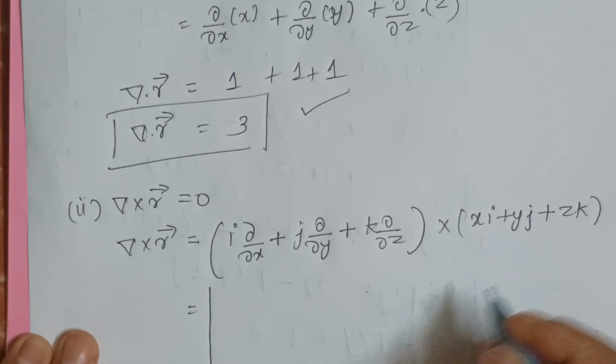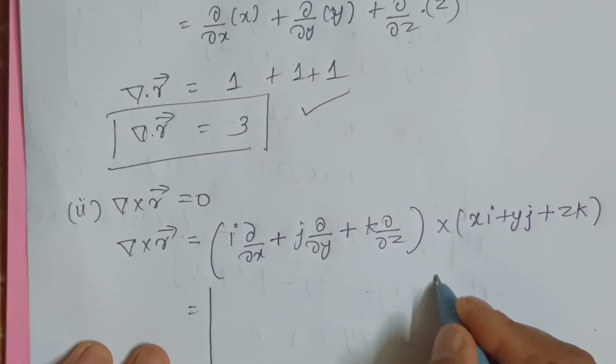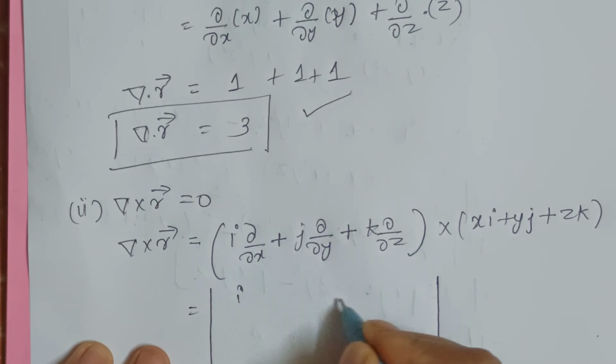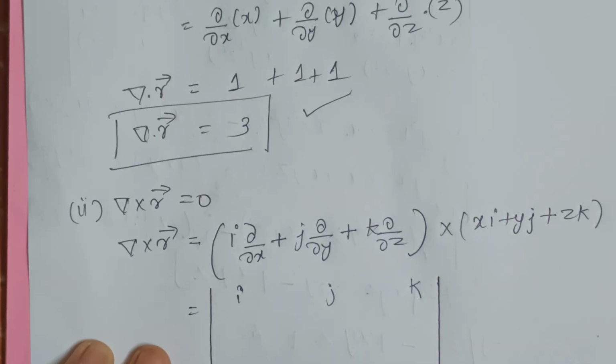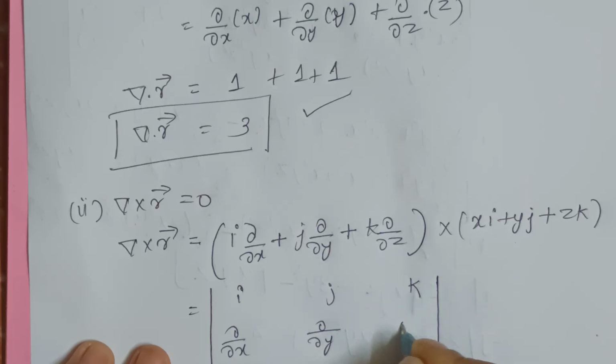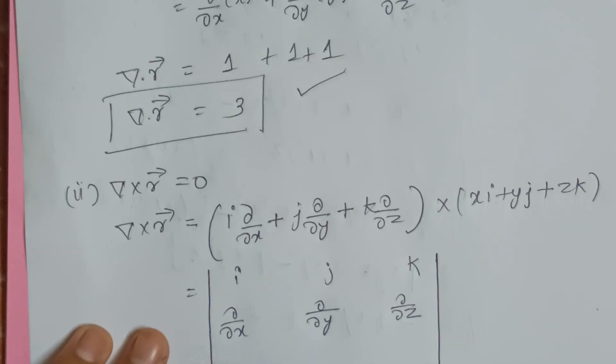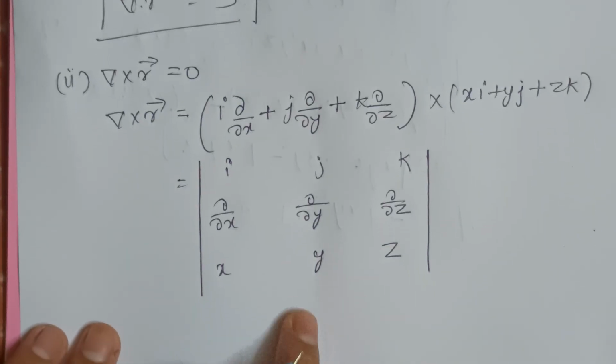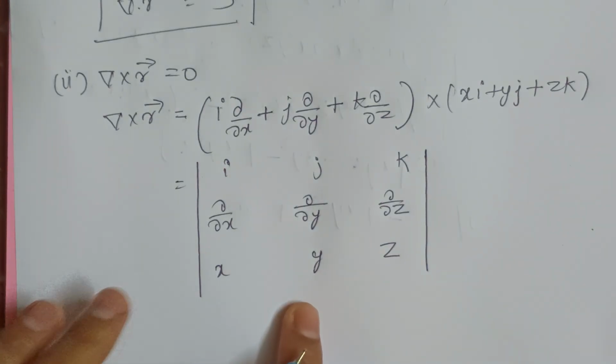Now, this is a cross product, so it has to be written in determinant form: rows i, j, k; dou by dou x, dou by dou y, dou by dou z; and x, y, z. Now we will find the determinant.